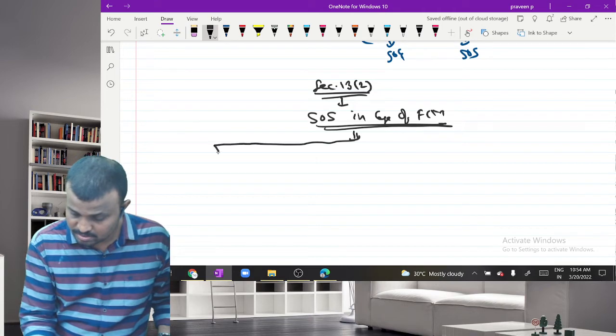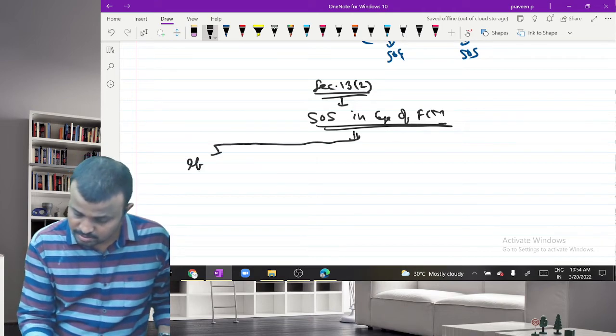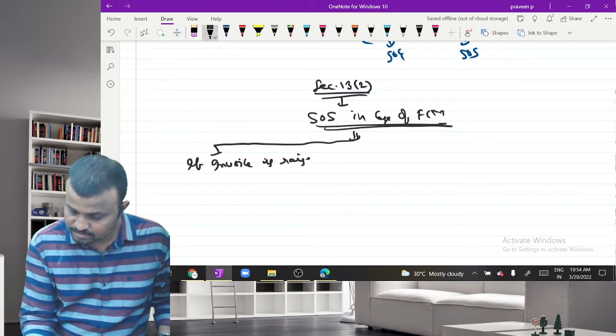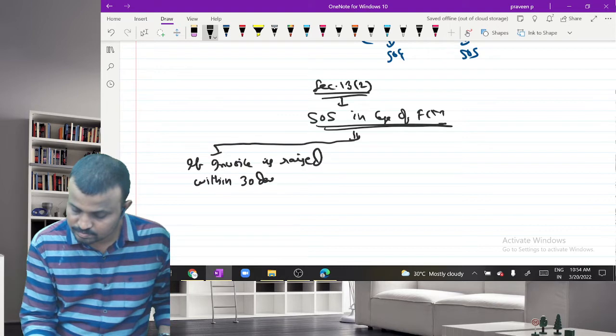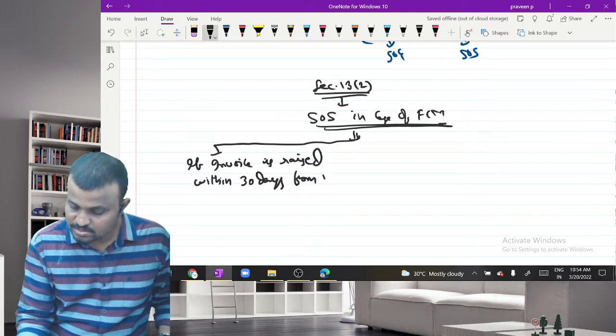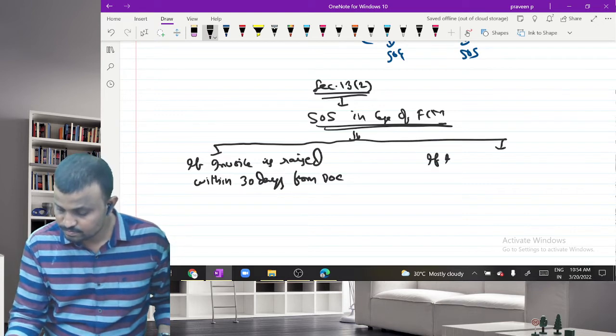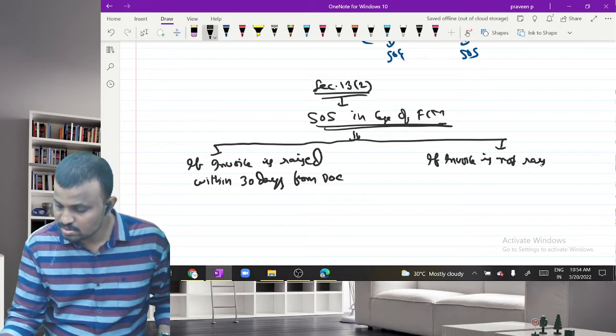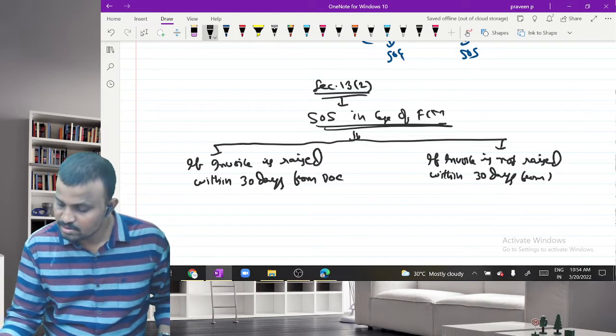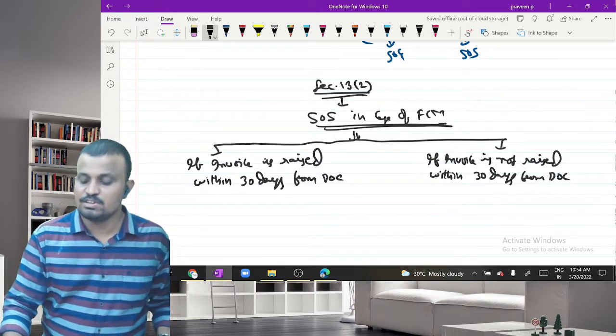It depends upon whether the invoice is raised within 30 days from the date of completion of service, or the invoice is not raised within 30 days from the date of completion of service.